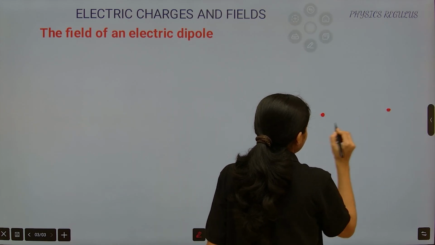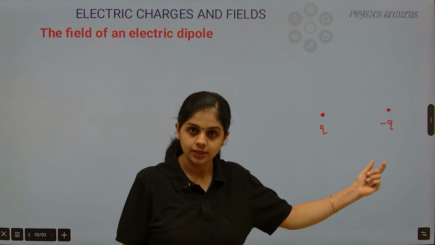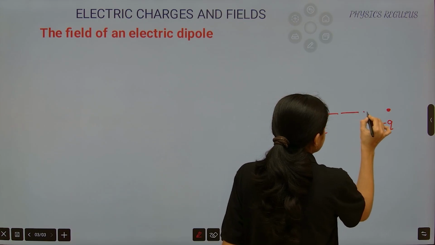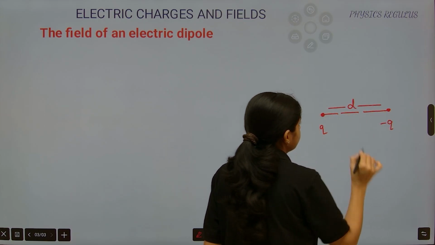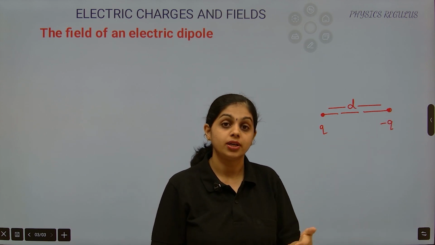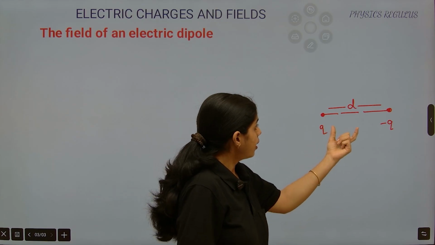A dipole consists of equal and opposite charges, say plus q and minus q, separated by a very small distance d. D is very small, in terms of nanometers or angstroms.